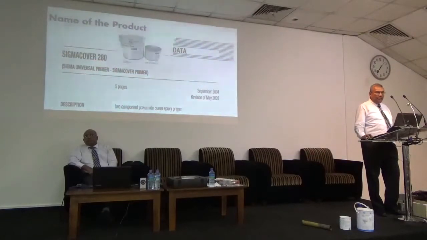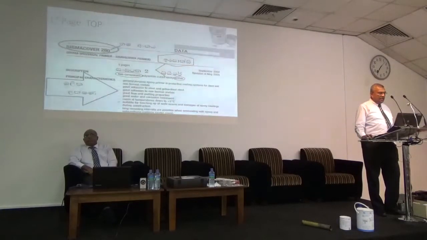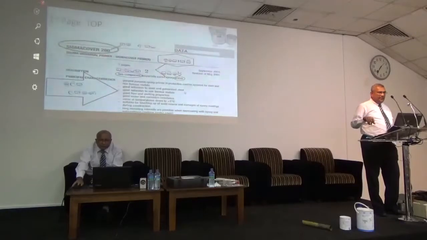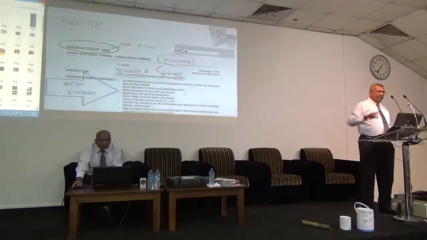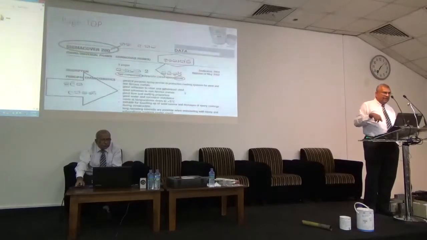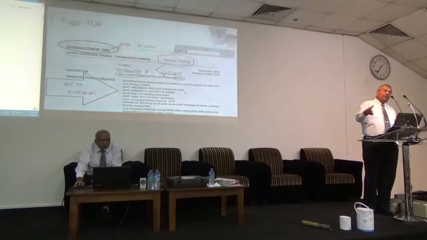It's a 2-component polymer epoxy primer. And Sigmacover name is there, epoxy is there, primer is there. And galvanized steel, it bonds, it is written there. So when they are applying, they have galvanized steel and other areas. For the other areas, we say put any primer, and we give Sigmacover 280 primer for the galvanized areas. So he has to tell the owner. Otherwise, he will put it all over.